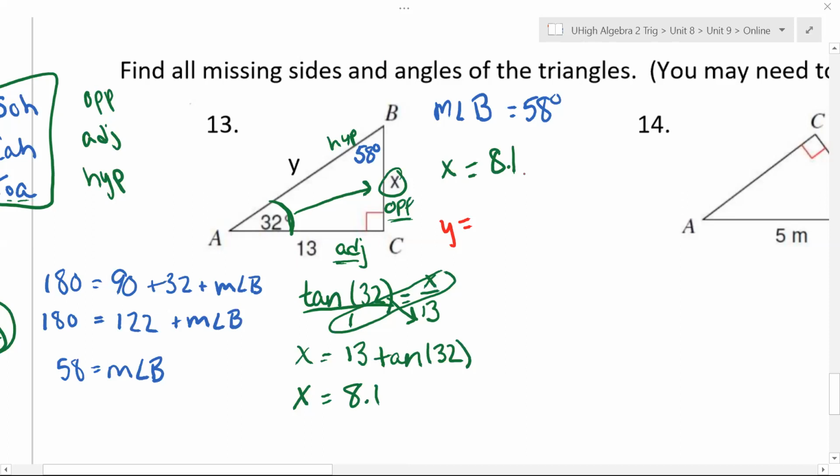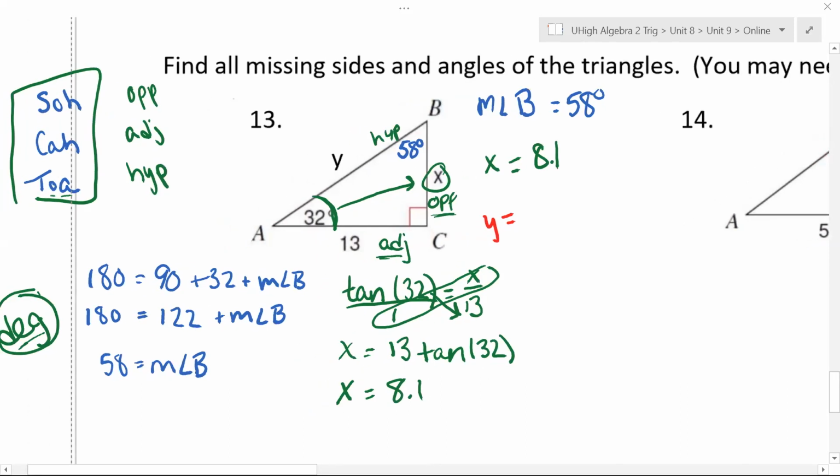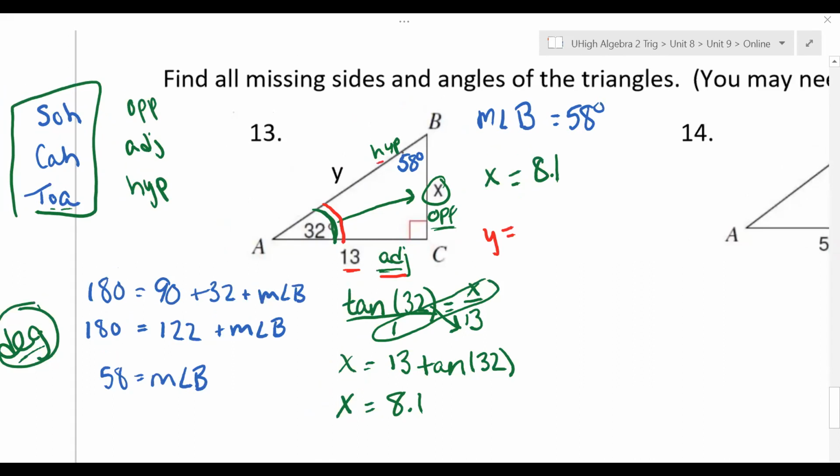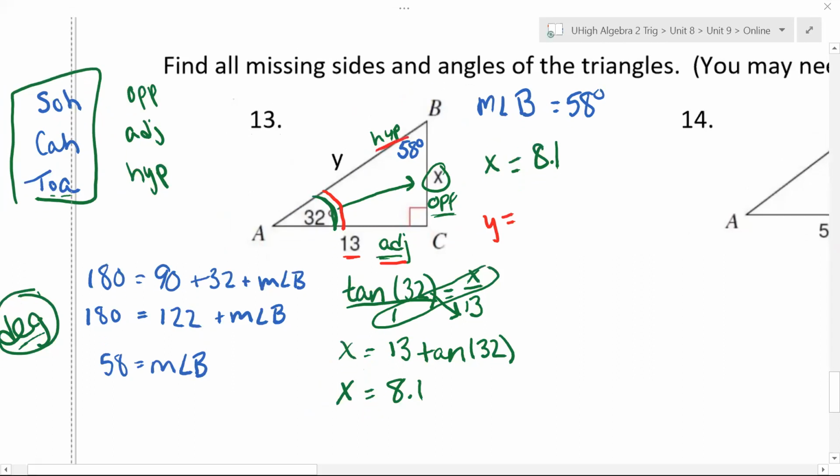So I want to use another trig function so that I'm getting as exact of an answer as I can. Again, when I'm using my trig function, I'm going to go off of the angle that they give me and the side that they give me. So I have my adjacent, and I'm looking for my hypotenuse.